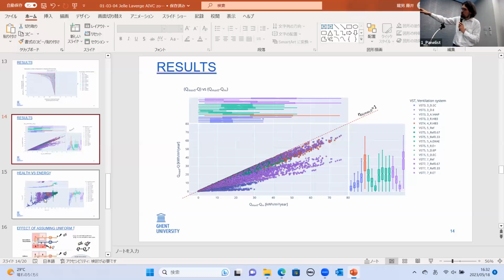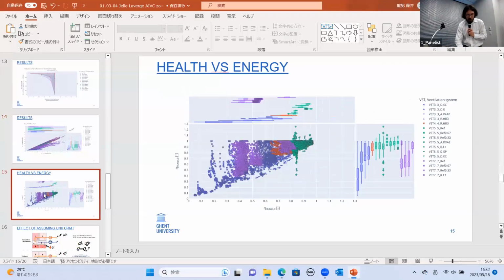And you can see that that's more or less the case, but there's quite a wide variety around those linear lines.